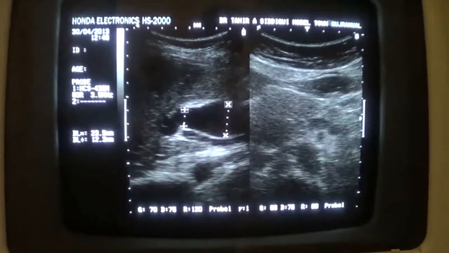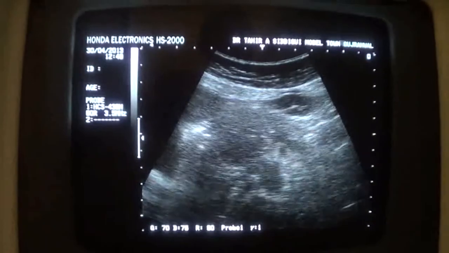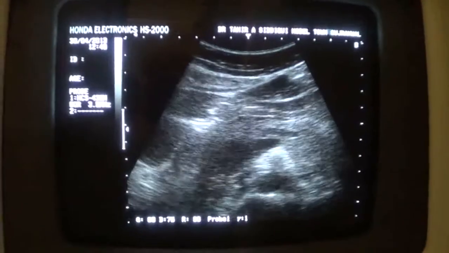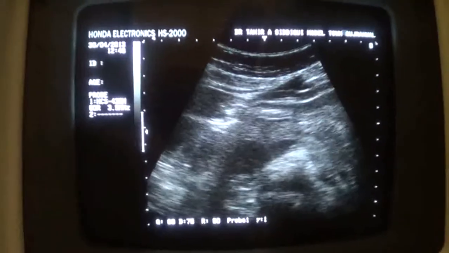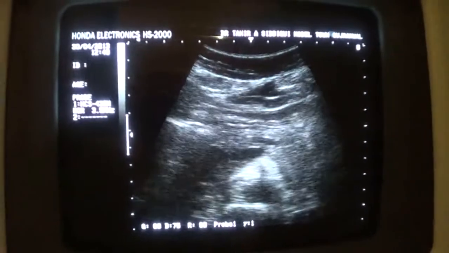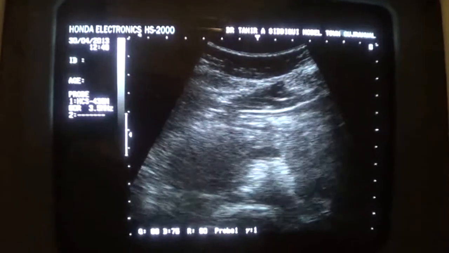Now the gallbladder, the pancreas in transverse section. This is the pancreas in transverse section.